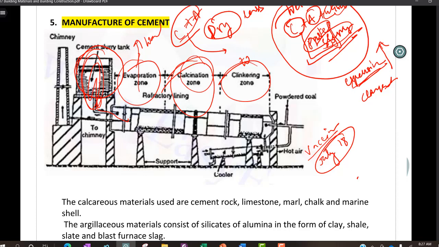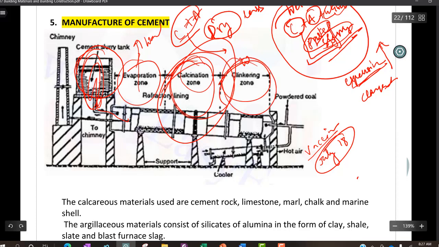If a certain amount of water is left, that will also be evaporated, and whatever reaction between argillaceous and calcareous rocks is there to form a Bogue compound will happen in this calcination zone. And finally we will have clinker formation in the clinkering zone, and the clinker we will make into powder form and we will get our powdered cement. I hope it is very clear, right?